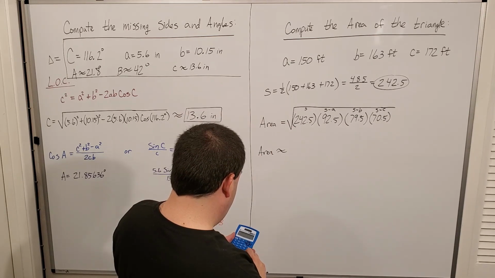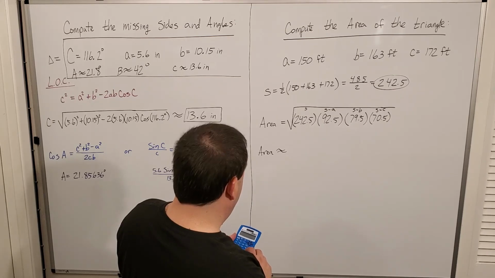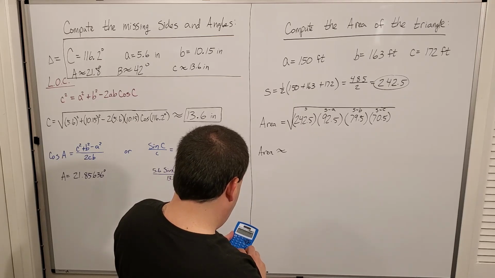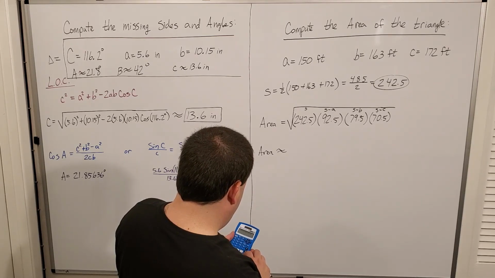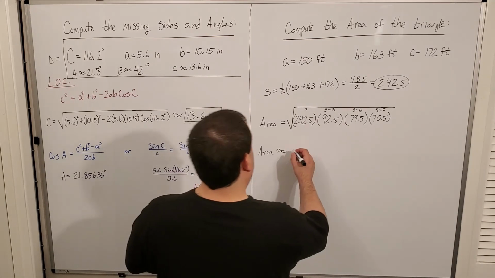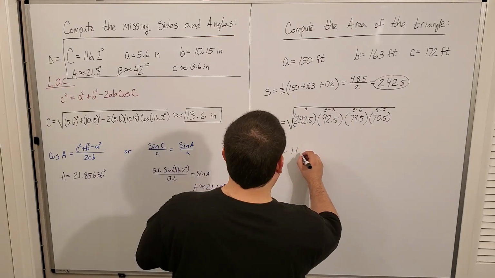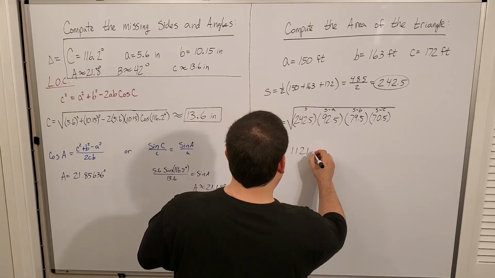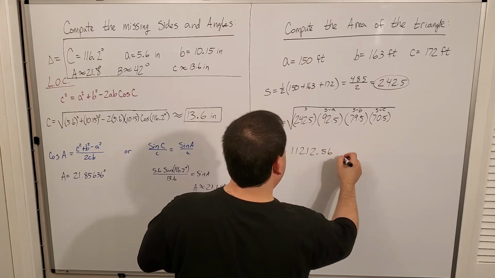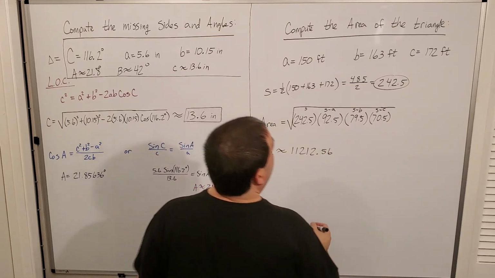Okay, so then the area of this triangle is approximately, let's go ahead and punch it in straight up, square root, I have 242.5 times 92.5 times 79.5 times 70.5. Okay, so I have 112.56208. This is far enough.